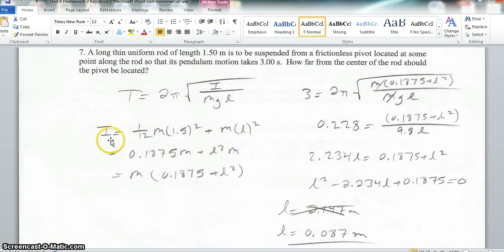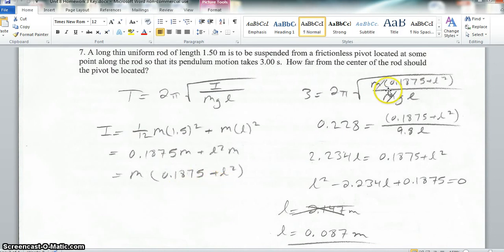So all I did was solve this in terms of m. I simplified this to 0.1875 m plus L squared m, and then I factored the m out of both of those. So my moment of inertia equals m times the quantity 0.1875 plus L squared.